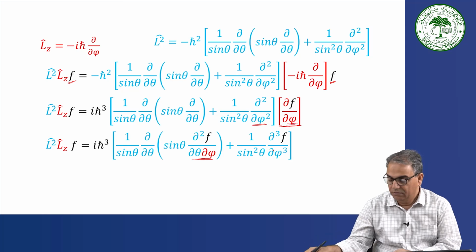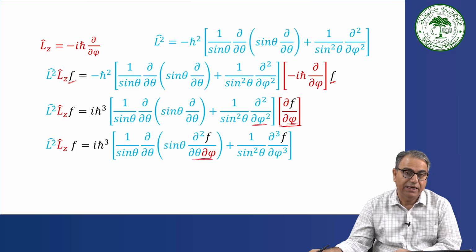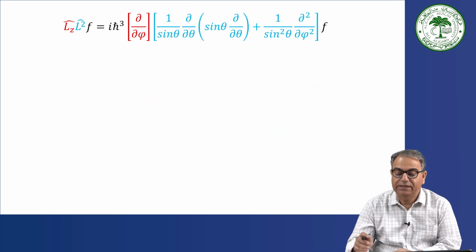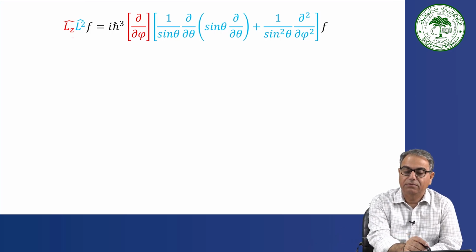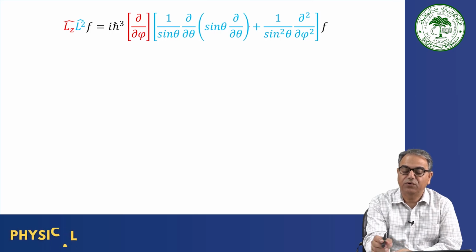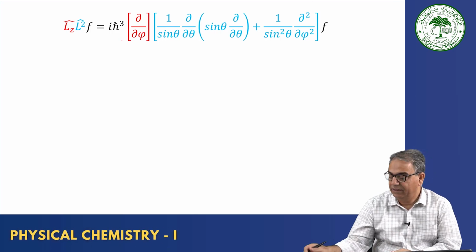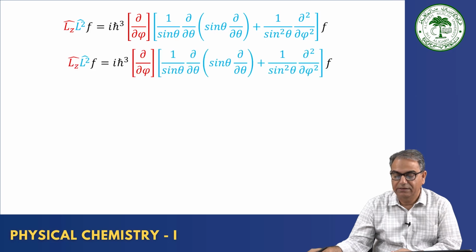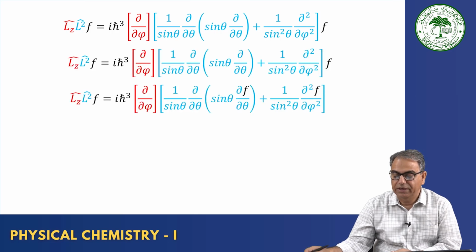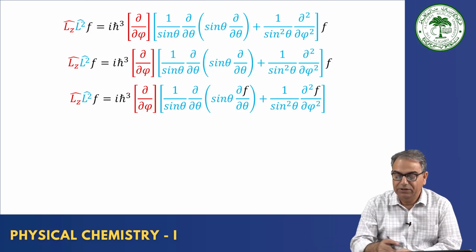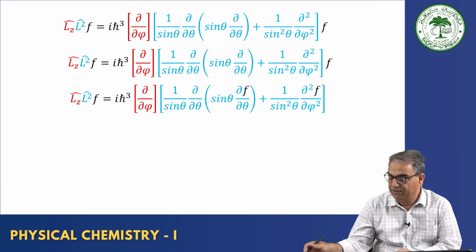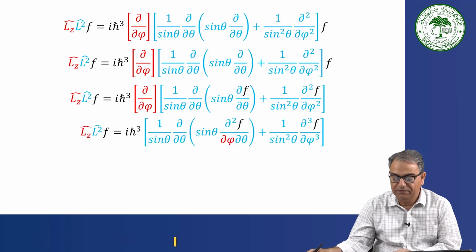Okay. Now once you have this in the L square Lz, then you can calculate Lz L square, and if you calculate Lz L square, what do you find? Now the position of the two operators is changed. You will operate first with the operator of L square and then with the operator of Lz, right to left. That is always followed. Okay. So what do you get? This f comes inside, i h cross whole cube will be there, and then multiply with the function we have written. So the multiplication will give you the same equation.